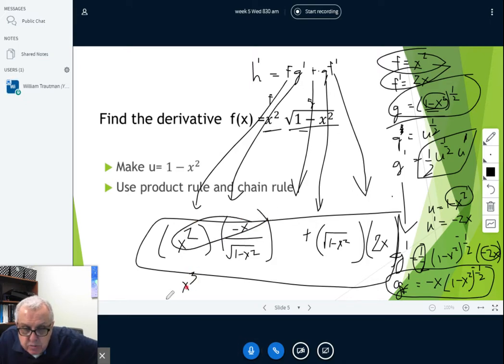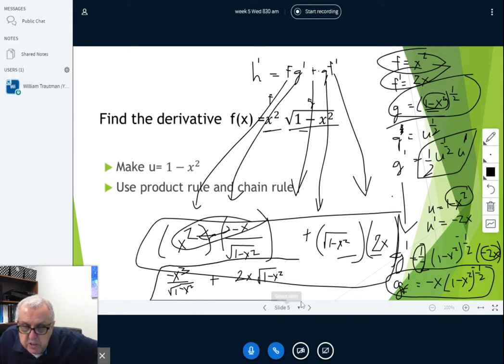You get x cubed over the square root. It's not letting me write now because I'm too low. We get negative x cubed when you multiply these two together over the square root of 1 minus x squared plus these two multiplied together, which is nothing special.